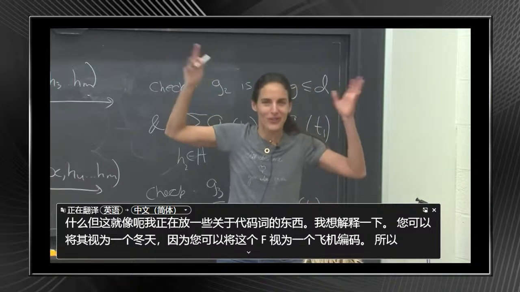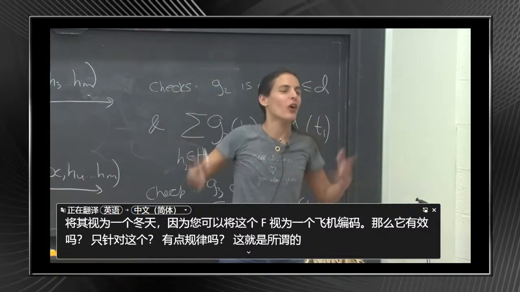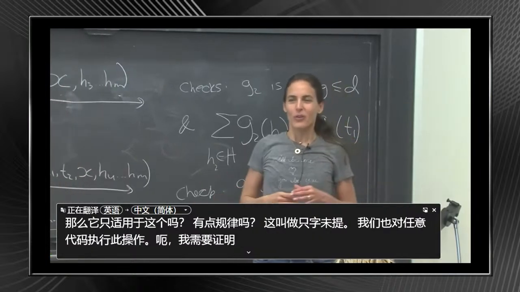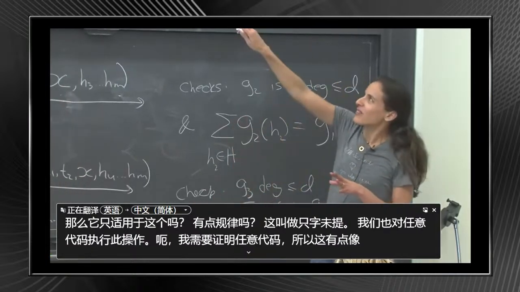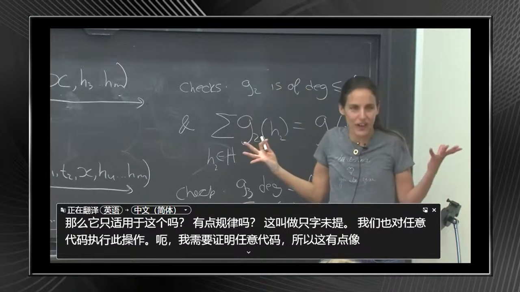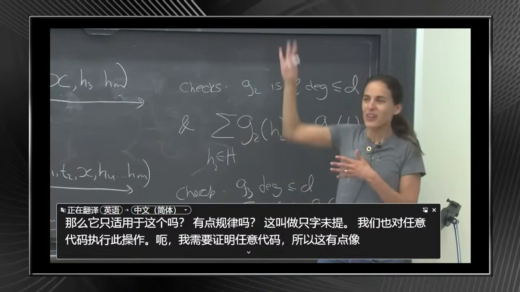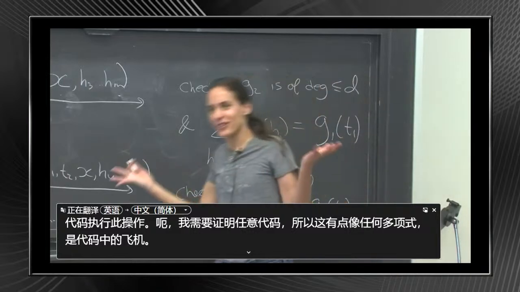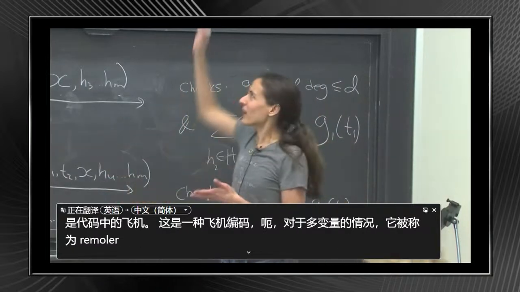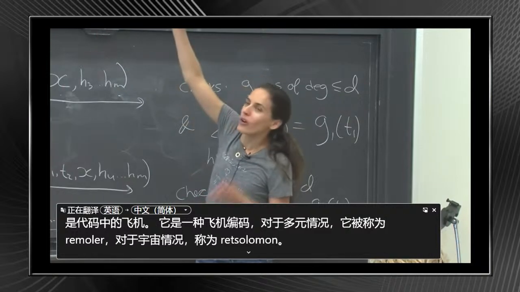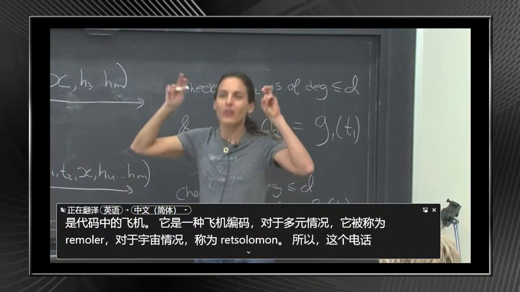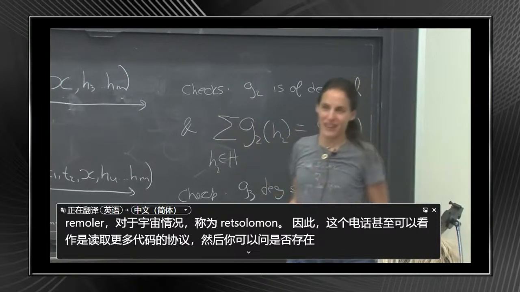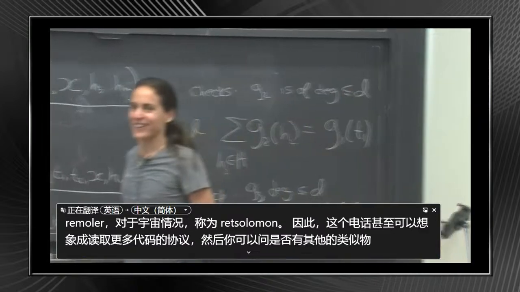This is called the Reed-Muller code. Does it work only for Reed-Muller, or can you do it for arbitrary codes? Any polynomial is a type of error correcting code. For a multivariate case, it's called Reed-Muller. For a univariate case, it's called Reed-Solomon. The sum check protocol you can think of as a protocol for Reed-Muller codes, and then you can ask, is there an analog for other codes? And actually there are analogs out there.